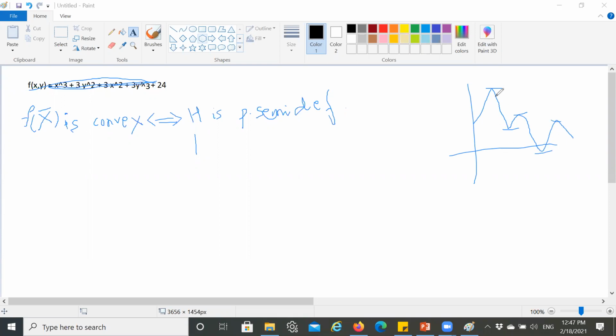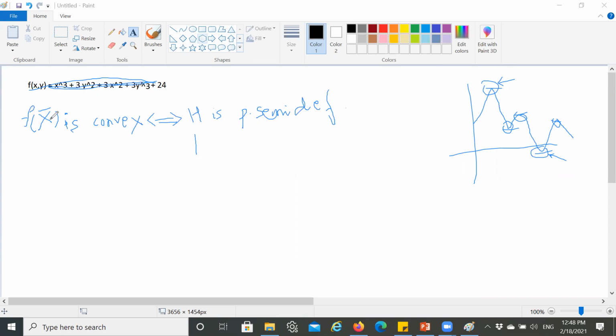So we have a peak, a peak, a peak. When you solve this using the necessary and sufficient conditions, you would get all these points, even the valleys. But it will not tell you which one is the global one. We know that this is the global peak, and this is the global valley or minimum point.